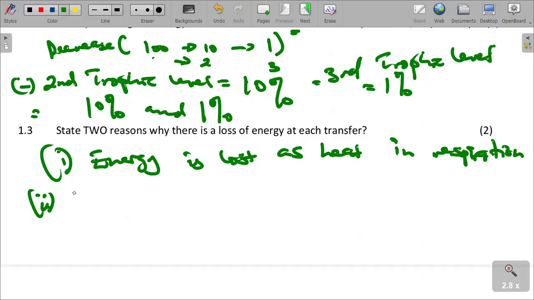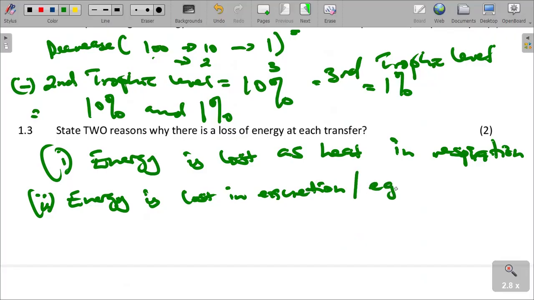This waste product means that energy is lost in excretion, or we can say egestion.